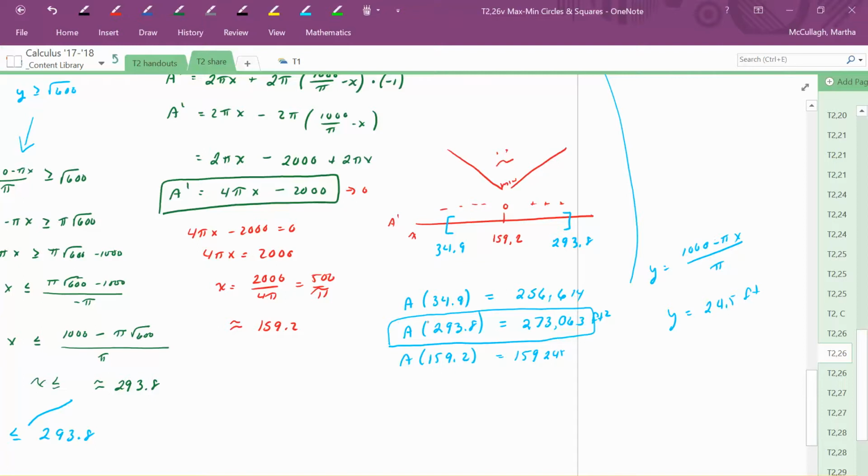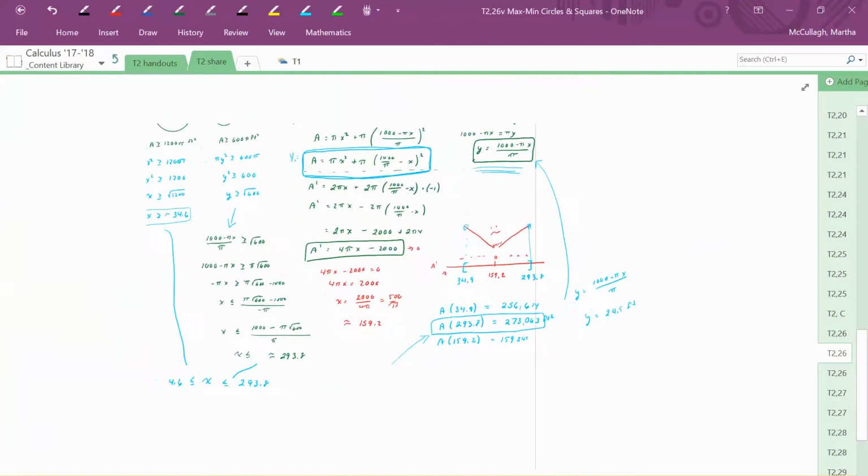But in any case, I want to know which combination of x and y is going to give me the largest area. And of these restrictions, one is going to be higher than the other. As it turns out, the area when x is 293.8 is higher than the area when x is 34.9. So my global maximum, my maximum from 34.9 up to 293.8, is when x is 293.8, and that area is 273,063 square feet. Hope this helps.